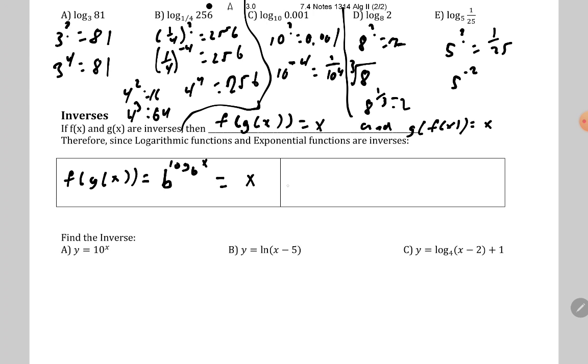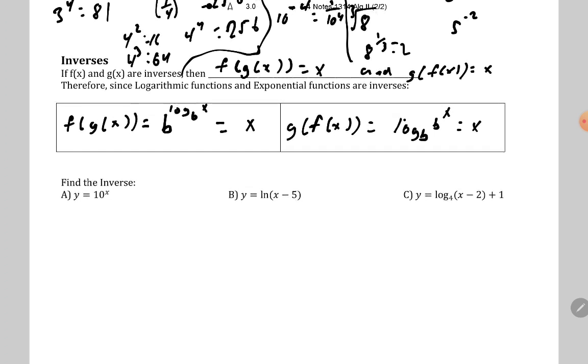And vice versa, g of f of x: if we take the log base b of b to the x, basically the b's cancel and you're left with x. Same thing on the left side. If you take b to the log base b, then those will cancel.